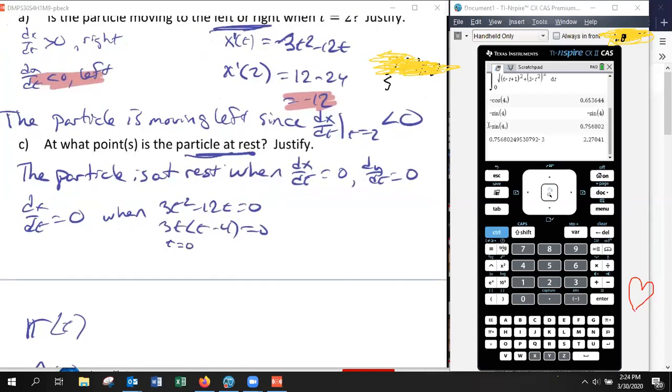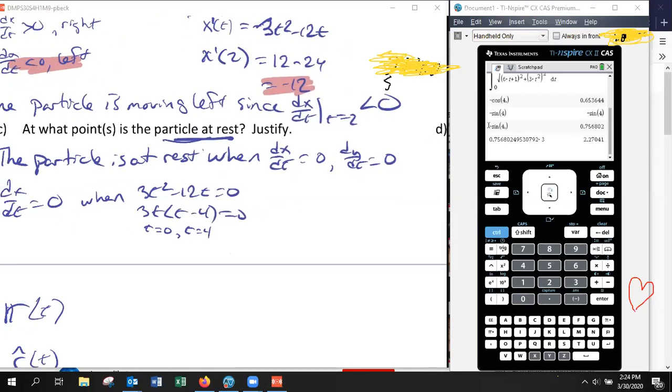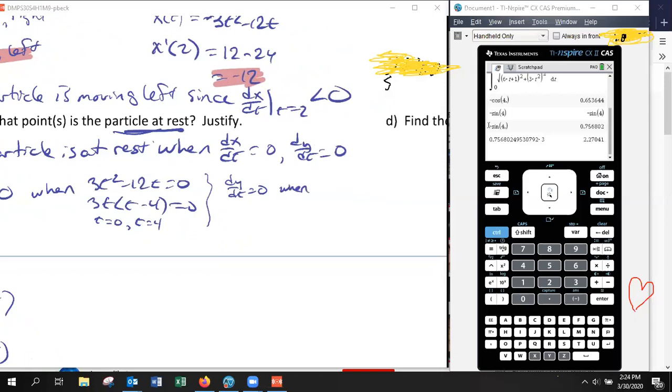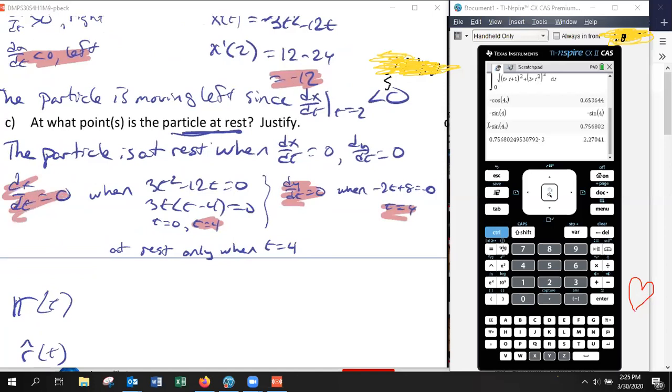So this happens at t equals 0 and t equals 4. dy/dt equals 0 when negative 2t plus 8 equals 0, or t equals 4. So the particle is at rest only when t equals 4. All of my justifications should be built into this: I've established dx/dt equals 0, dy/dt equals 0, and at that point.